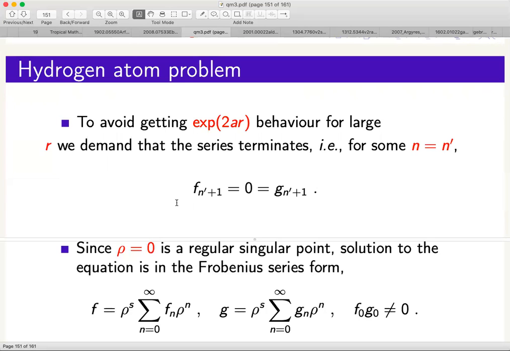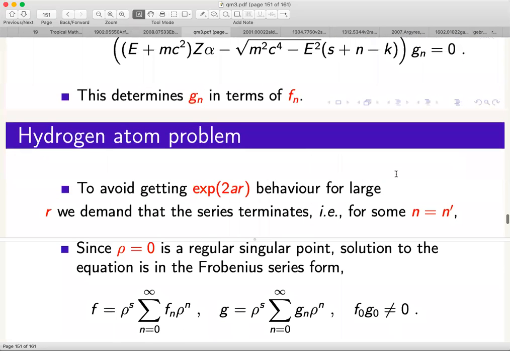If you demand this, then the series is going to terminate at some power, and we know at which power: when n is equal to n prime. Any powers from n prime plus 1, n prime plus 2 onwards are all going to be 0. How do I know that higher powers are 0? That comes from the recursion relation.